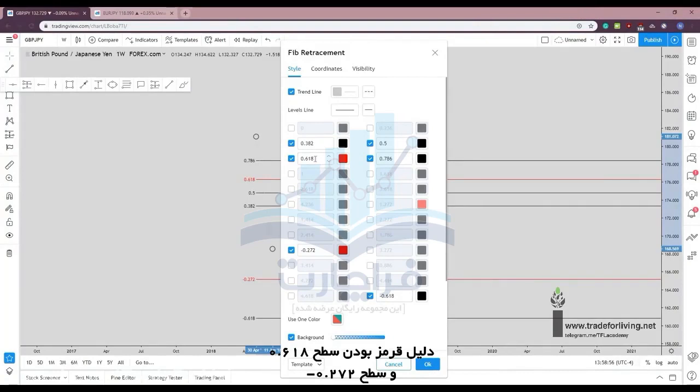The reasons for which the 0.618 and the minus 0.272 are red, I will explain just now. Basically, the 0.618 is the golden ratio and is where the market pulls back most of the time, and the minus 0.272 is the first target if we take the Fibonacci in the way that I'm just about to show you. So this will also be clear very soon.